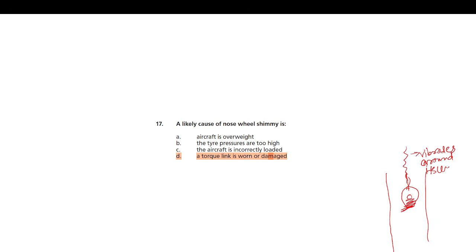So, a likely cause of nose wheel shimmy is a torque link is worn or damaged. D. 17 B is the correct answer.